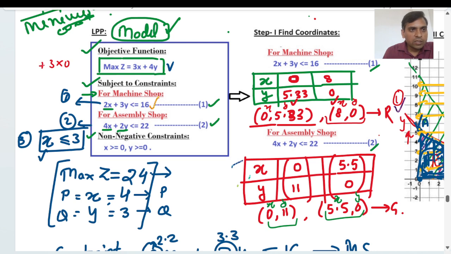The first term is 2x, so 2 into, we have two options, 5 or 6. If we put 5, then the result is 10. This is satisfied with this constraint. Now for the second constraint, this is 4 into 5 plus 2 into 0. This equals 20. So this is also less than 22. Now we will check for 6 also.